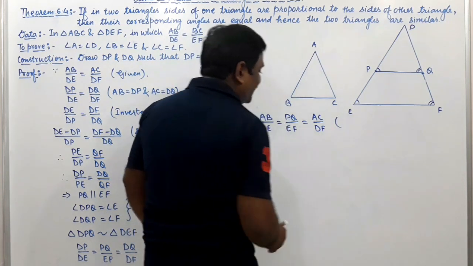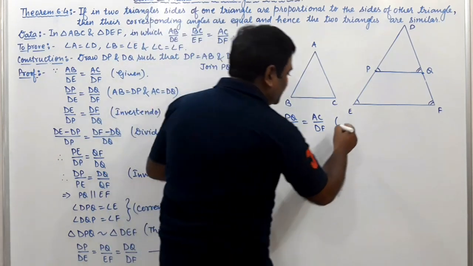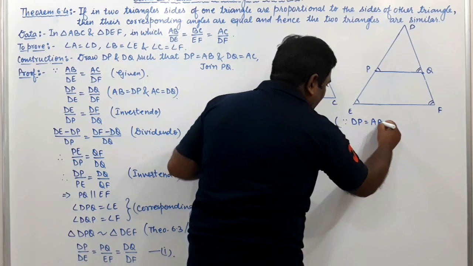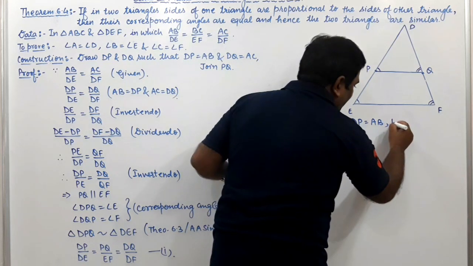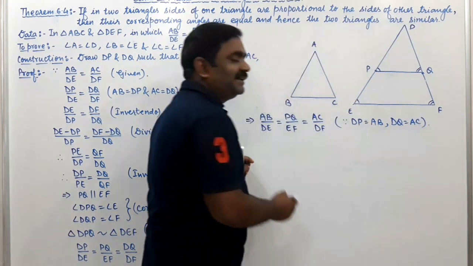Why? Because DP equals AB and DQ equals AC.